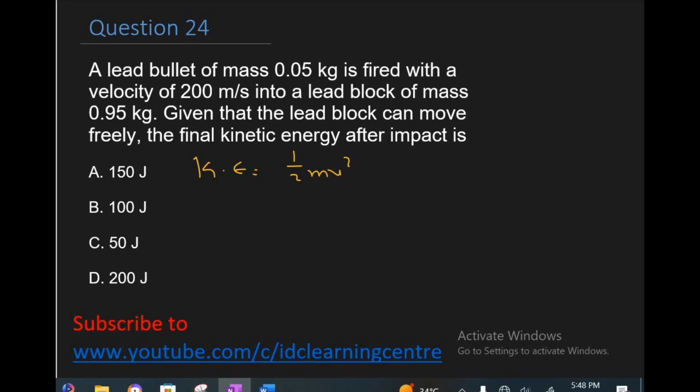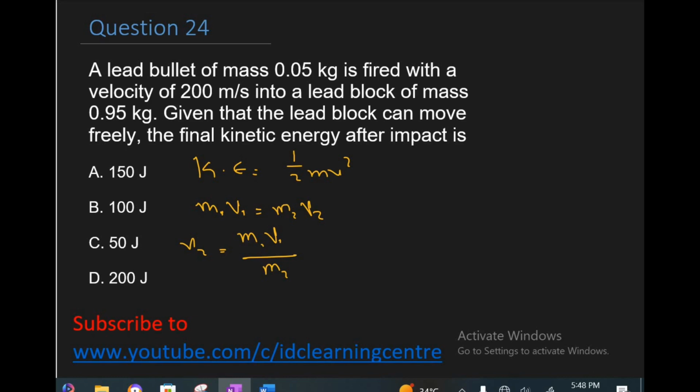So now we have to find v. We're given two masses and one velocity. To find v here, we're going to use the momentum formula, m1 v1 equals m2 v2. Making v2 the subject of the formula, we're going to have m1 v1 all over m2.